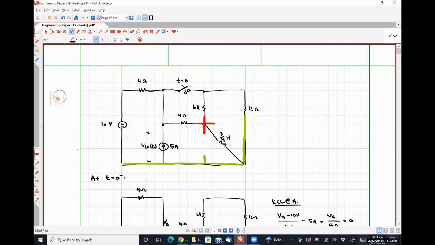Skylar? Are we ever going to have a problem where we can't combine those two inductors? No, that's a very good question. In this class, if I give you more than one inductor or more than one capacitor, you have to be able to simplify it down to a single capacitance or a single inductance. If you cannot do that, then you no longer have a first order RL or RC circuit.